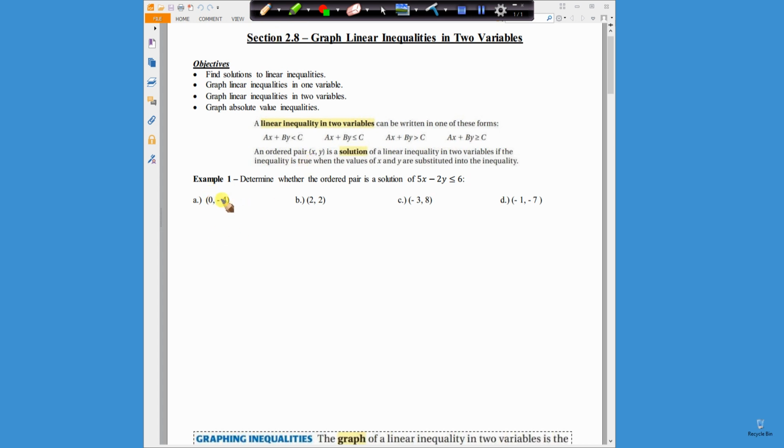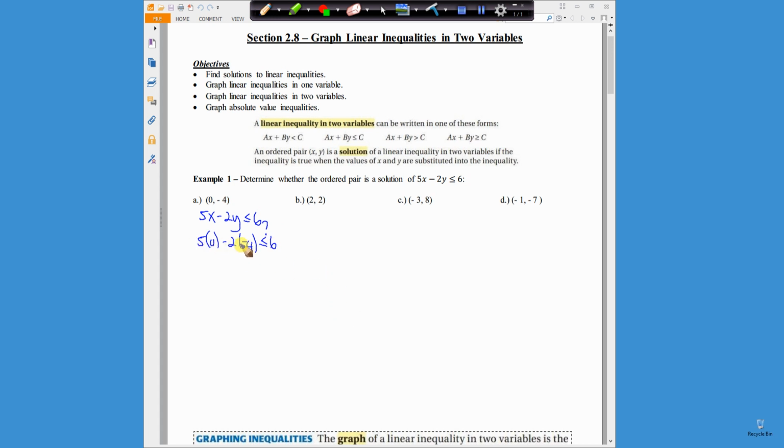So this is an ordered pair (x, y), and to see if it's a solution to the inequality, you basically write down the inequality and then substitute x and y and see if the resulting statement is true. Okay, so if I substitute x and y here, I get 5 times 0 minus 2 times negative 4, and now it's a question basically, is this less than or equal to 6?